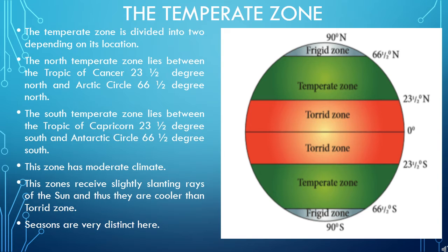Because as I told you, the sun is stagnant at its place. It's the earth which keeps on revolving around the sun.